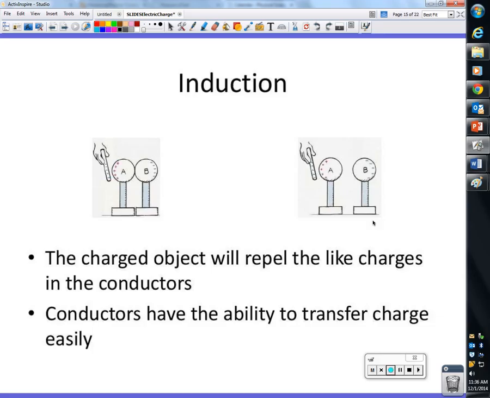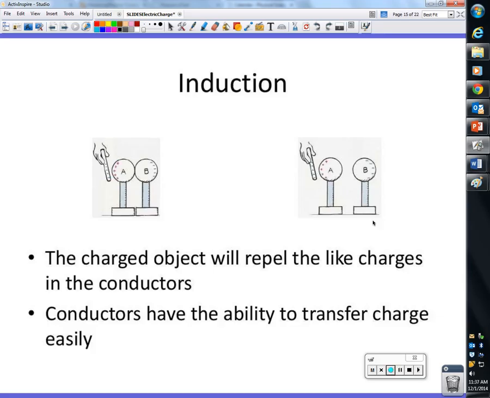Because it involves those charges moving around within the conductor itself. If we look at the picture on the left, let me zoom in here for you. So if we look at the picture on the left, right, these two metal spheres, these are conducting spheres, these are two metal spheres, okay? They're touching each other, so they're basically one object, okay?